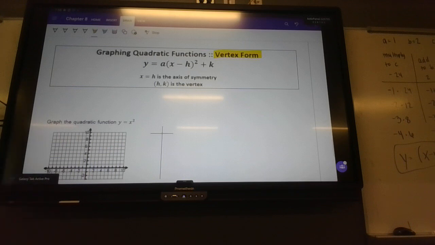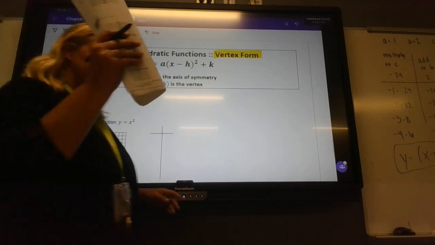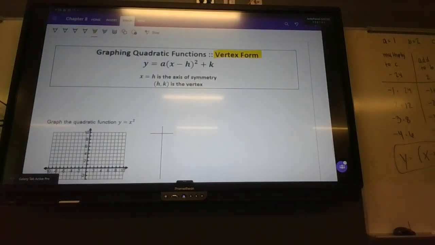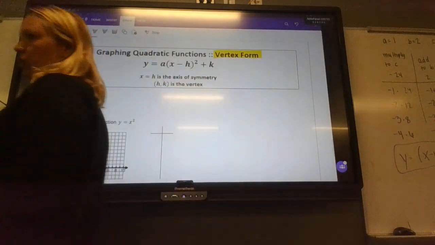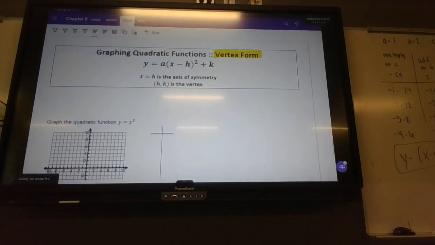So there's a standard form. There's a vertex form. This one you don't get your own handout for, but this one you do. So at some point I'll pass these back, but I'll be collecting these. Vertex form. So more than one form of a quadratic. Okay.